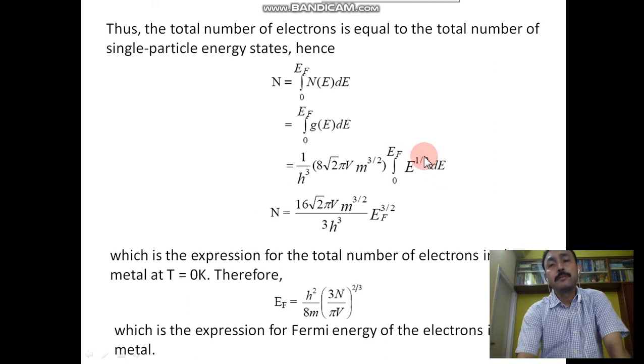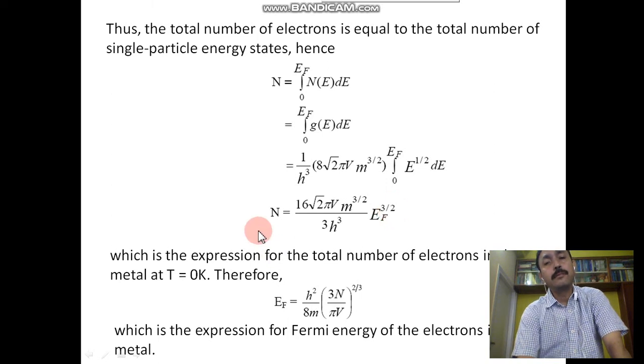So N becomes, if we integrate E to the power half between these two limits, EF to the power 3 by 2 into 2 by 3. If we multiply this 2 by 3 with 8, we get 16 root 2 pi V m to the power 3 by 2 by 3 h cube EF to the power 3 by 2.